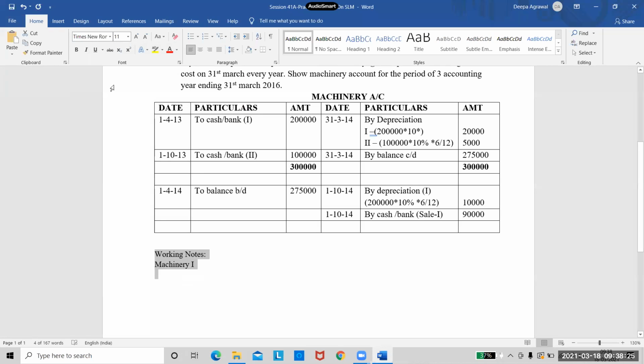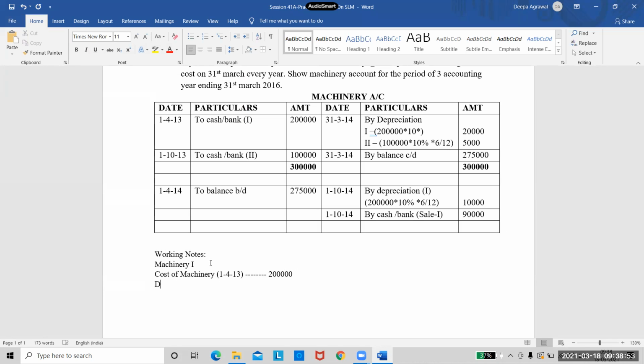So my heading is machinery 1. Right? So first take the cost of machinery. For machinery 1 I purchased on 1st April 2013. Am I correct? And what is the cost of this machinery? 2 lakhs. Right. So after purchasing, what did I do?